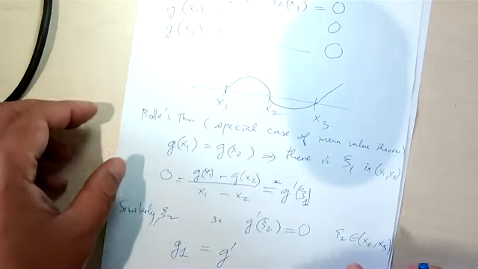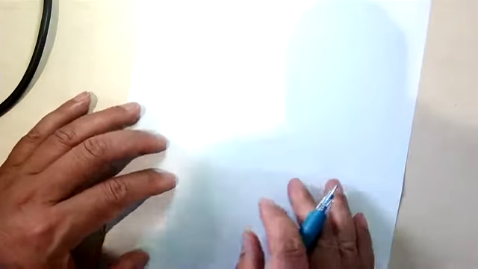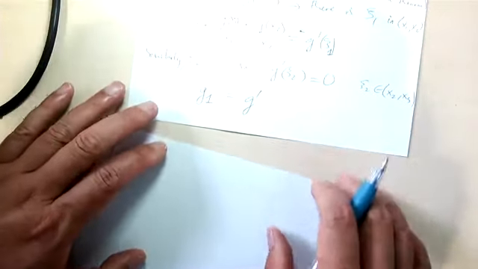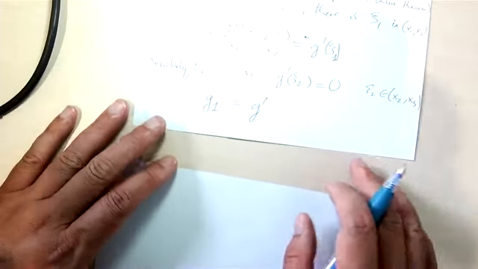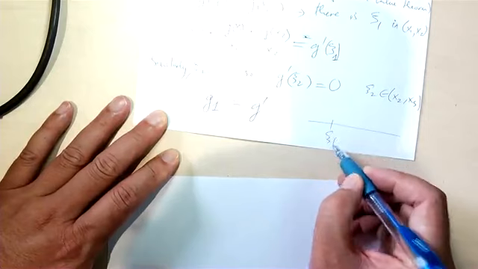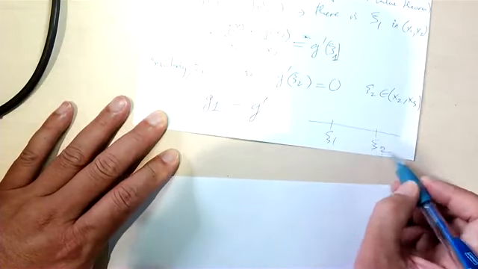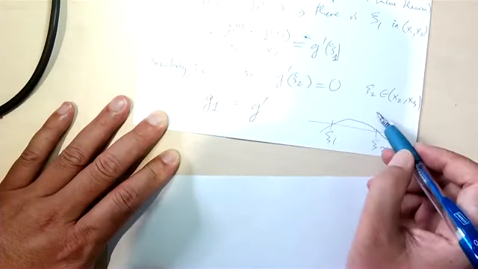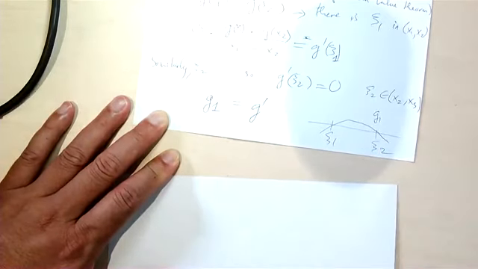So what does g1 look like? So g1 looks like this. You have psi 1 here and psi 2 here, right? So this is your function g1, and it equals 0 at 2 points.